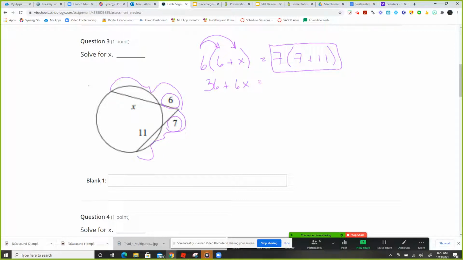Did you get 126 or did I do something crazy? So then to get 6x by itself, I've done 126 minus 36, which gives me 90. And what do you get for x? 15, absolutely. And the question is asking for x, so we're done.